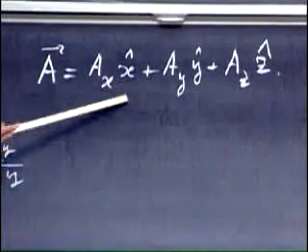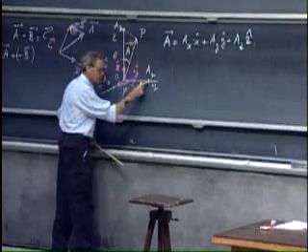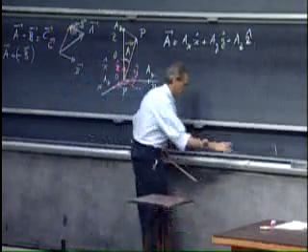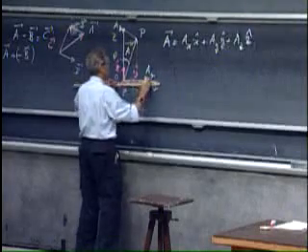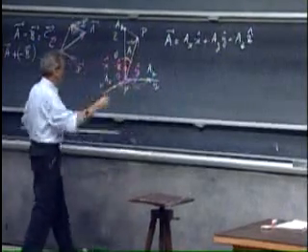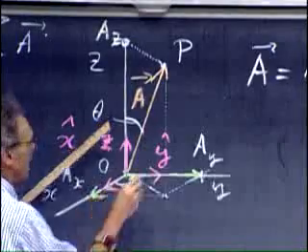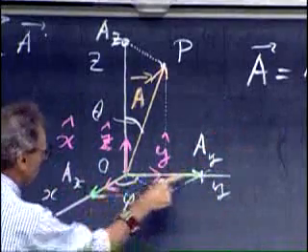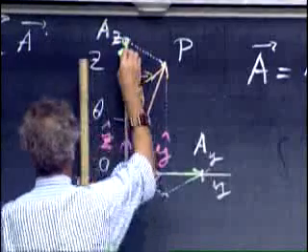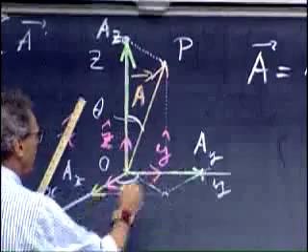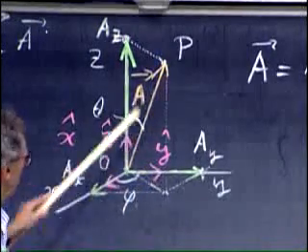And this A of x times x roof is really a vector that runs from the origin to this point. So we could put in that as a vector if you want to. This makes it a vector. This is that vector. A of x times x roof is this one. A of y times y roof is this one. And A of z times z roof is this one. And so the three green vectors added together are exactly identical to the vector OP.